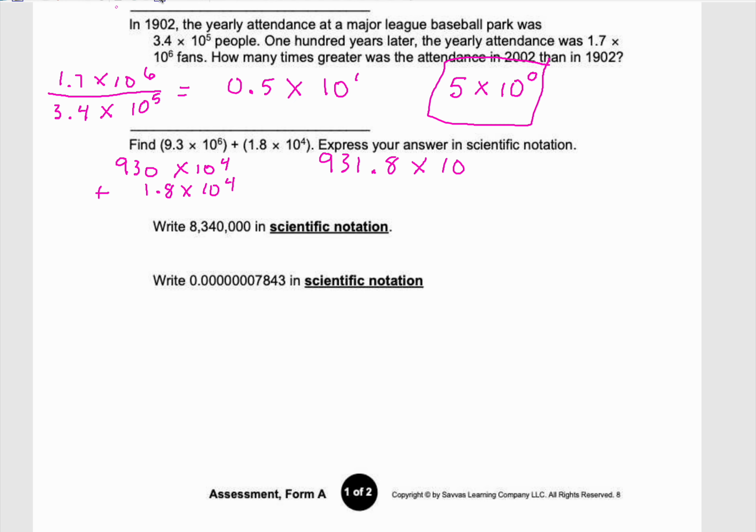I didn't do that good. 10 to the 4th. And then my last step is to fix the decimal. So I need to make this number smaller. 9.318 times 10 to the 6th.